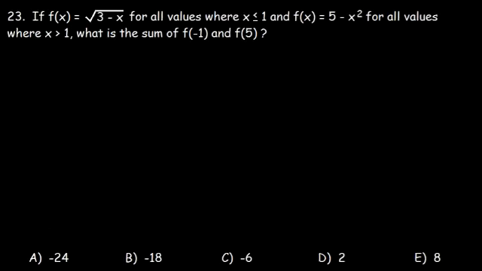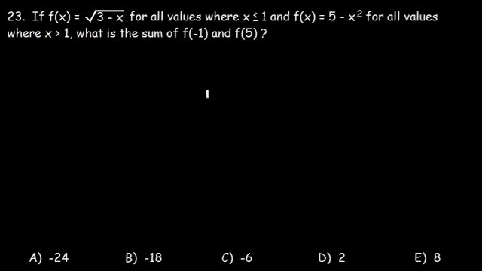23. If f of x is equal to the square root of 3 minus x for all values where x is equal to or less than 1, and f of x is equal to 5 minus x squared for all values where x is greater than 1, what is the sum of f of negative 1 and f of 5? So what we really have is a piecewise function.